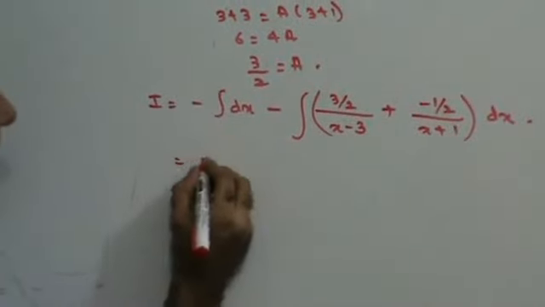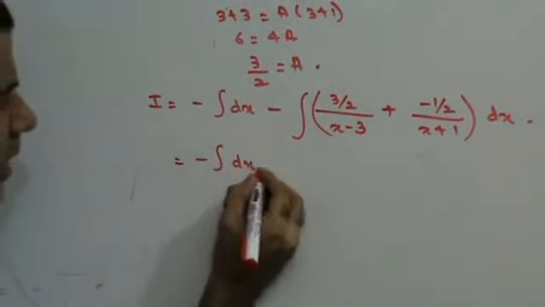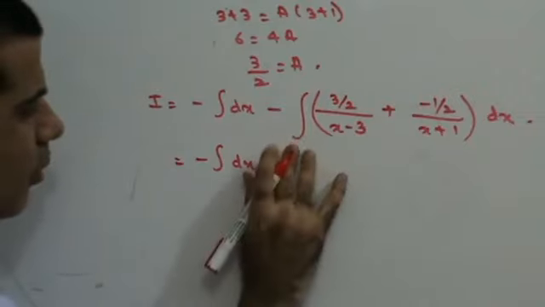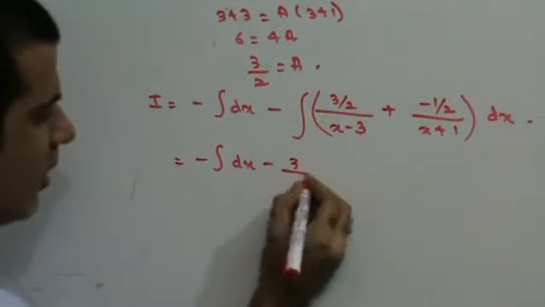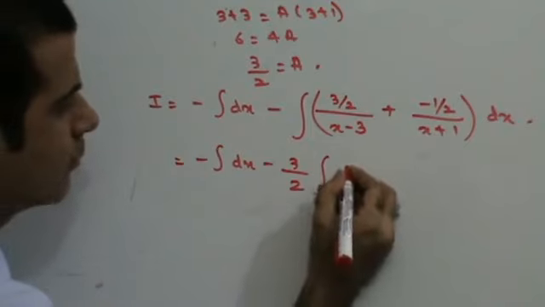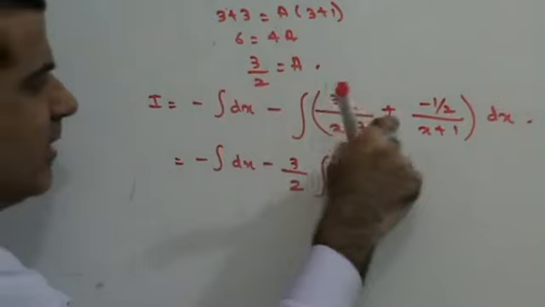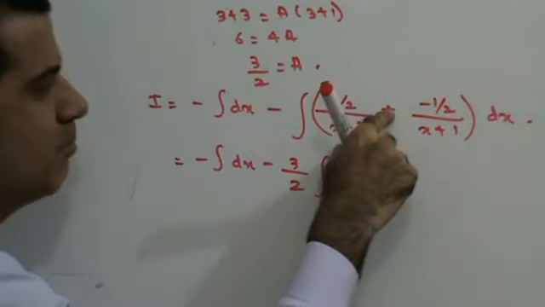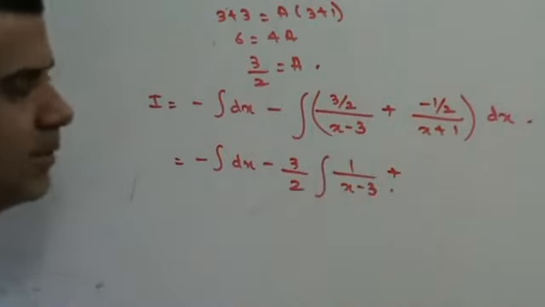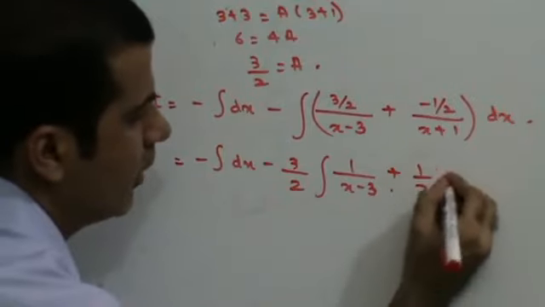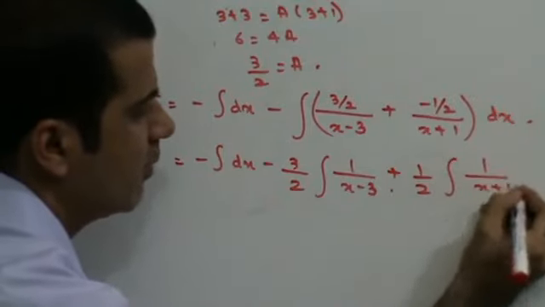Now this can be written as minus integral of dx minus 3 upon 2 integral of 1 upon x minus 3 dx, plus 1 upon 2 integral of 1 upon x plus 1 dx.